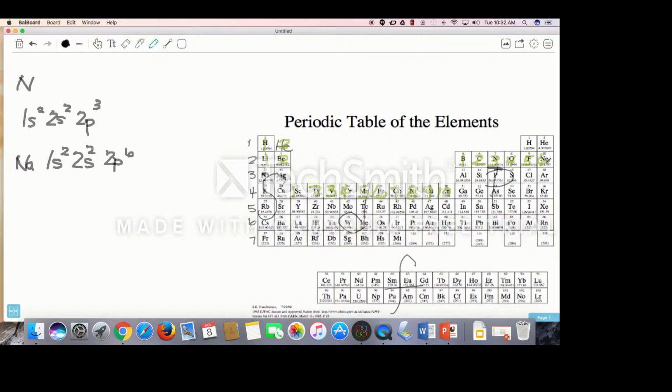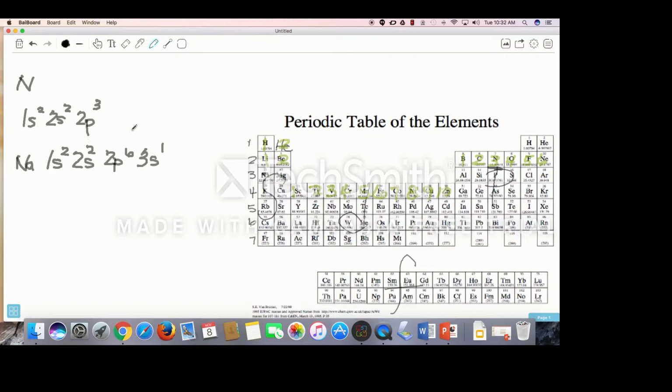Now that we're at the end of the second period, we move to the third period. The first sublevel we come to is S, and sodium is our first electron in this one, so we only count 1 time. So let's add up. We should have 11 as our total when we get the sum of these superscripts. 2 plus 2 is 4, 4 plus 6 is 10, 10 plus 1 is 11.